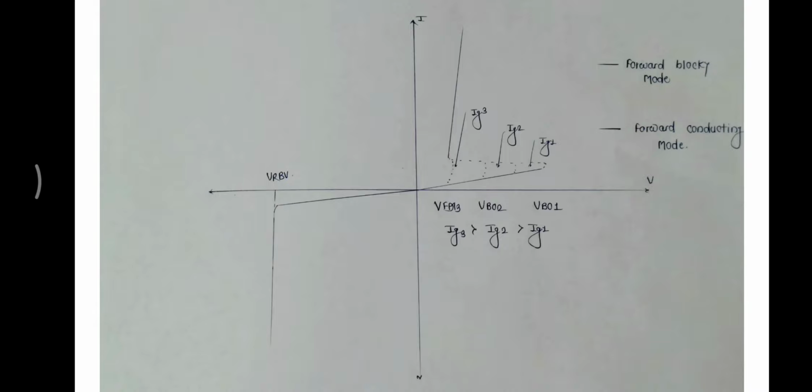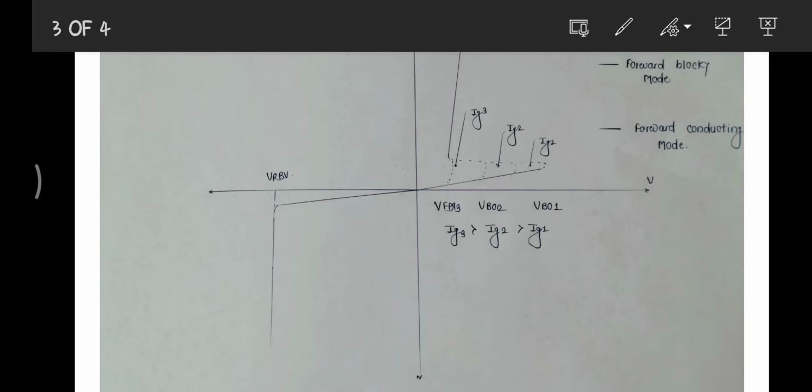As discussed earlier, in reverse bias mode, junction J1 and junction J3 are reverse biased and junction J2 is forward biased. At that time, a very, very small leakage current, in microamperes, flows through. At a certain voltage, reverse breakdown voltage occurs and current flows from here.